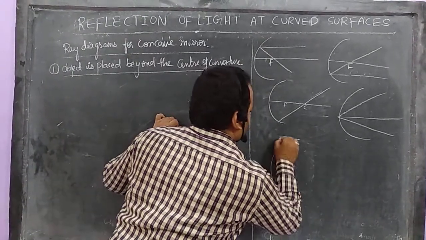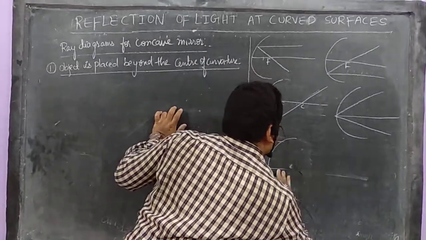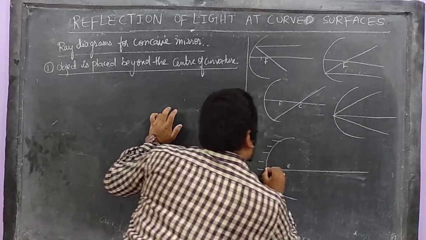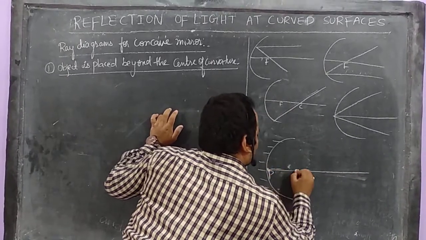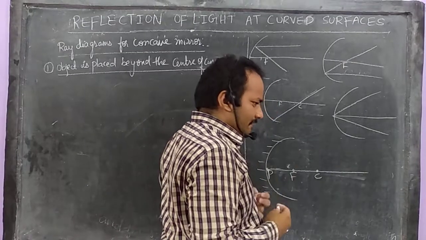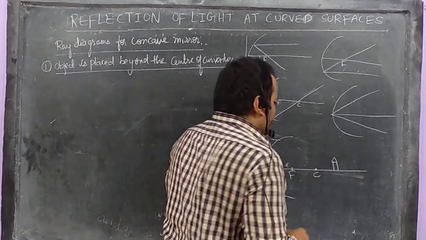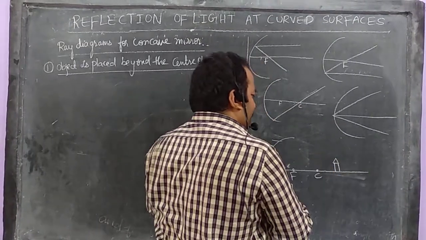Here you have a concave mirror. Yes, this is the principal axis. Here you have mentioned the terms pole, focus, center of curvature. So what are we doing here? We are bringing our object step by step from the back side to the front side.